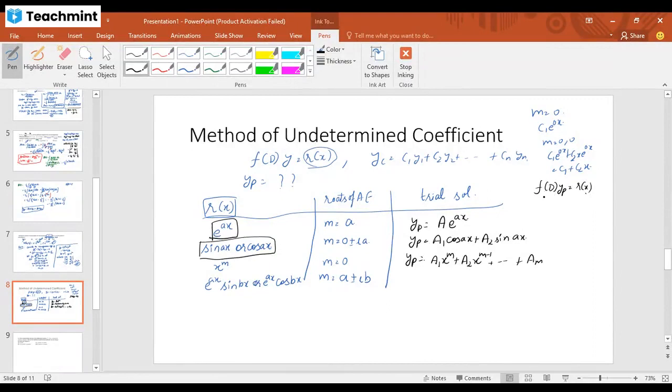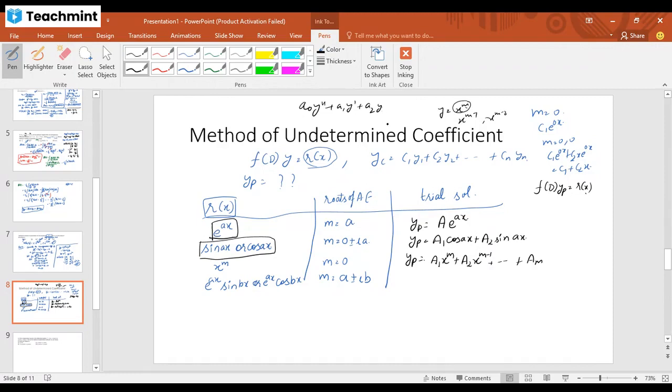If your differential equation is a0 y double dash plus a1 y dash plus a2 y, and we assume y as x power m, then y dash is x power m minus 1, y double dash is x power m minus 2, y triple dash is x power m minus 3. So the maximum power of the function is that of y itself.